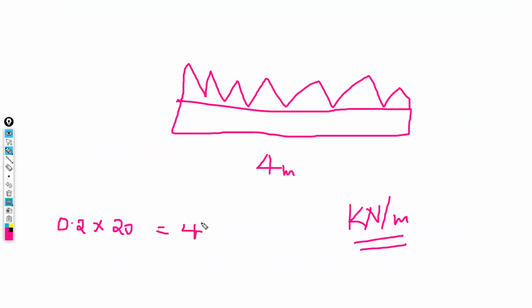Then we need this to be distributed per unit length. If this is 4 meters, then we shall definitely have this divided by 4 to get this load as 1 kilonewton per meter. But what Plotter does, you're not going to go through this calculation. Just input the thickness of the walls and the unit weight of the material which you need.